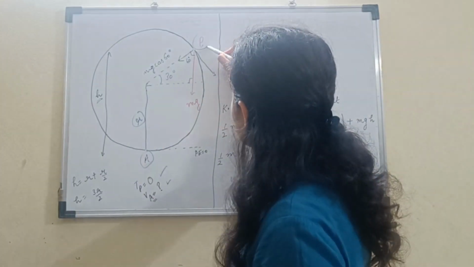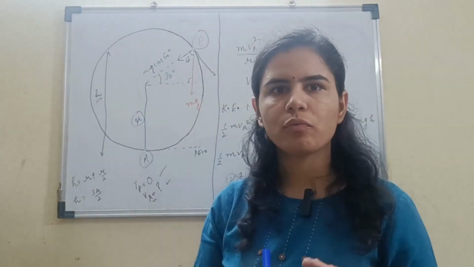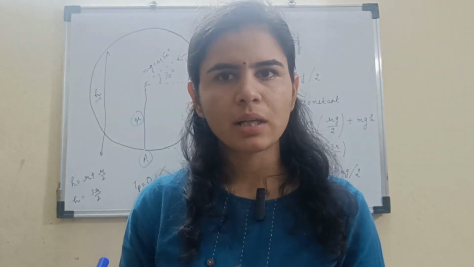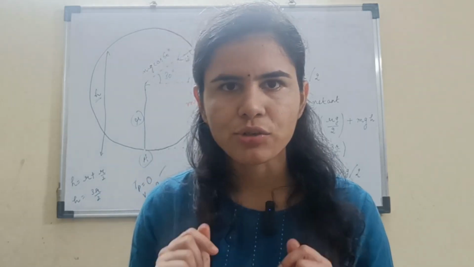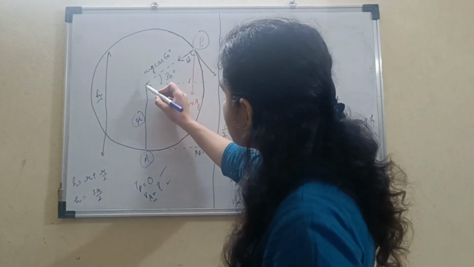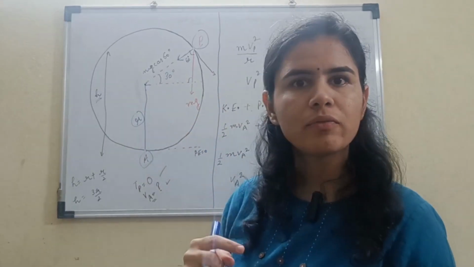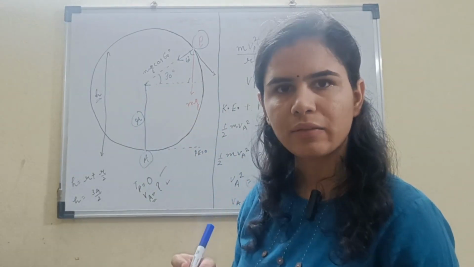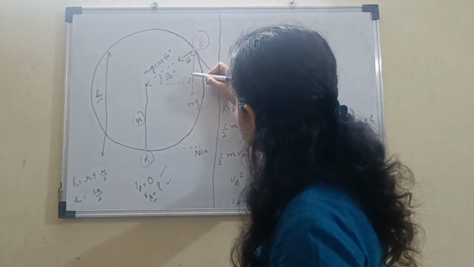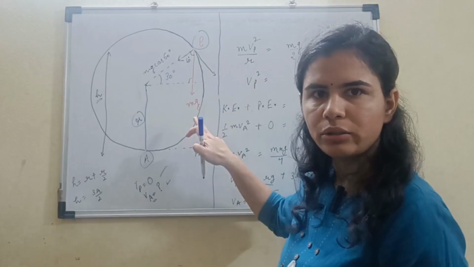If tension at this point is 0, think about what force will be providing the required centripetal force. That will be the gravitational force. The component of gravitational force which acts towards the center will provide the required centripetal force. From this point, mg will act in the downward direction.